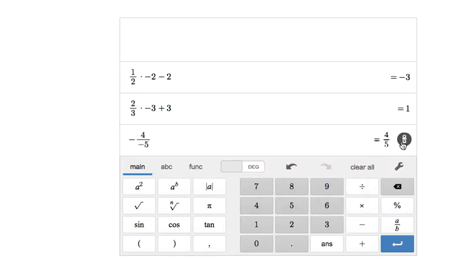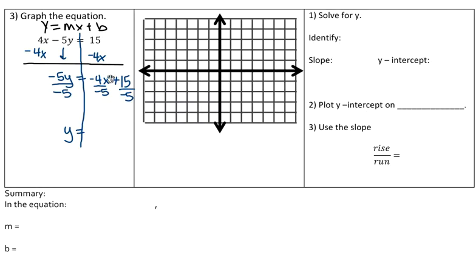So I just want the fraction, so I can either hit that fraction button to get a simplified fraction, or I can think a negative divided by a negative is a positive. So it's going to be +4 over 5. Okay, x just goes off to the side. And then 15 divided by -5 is going to be -3.